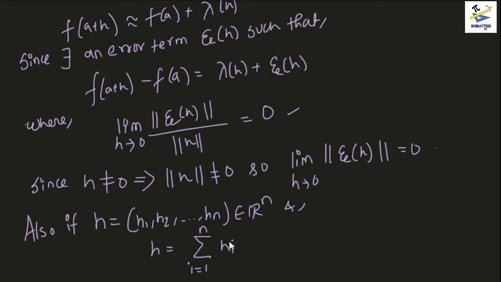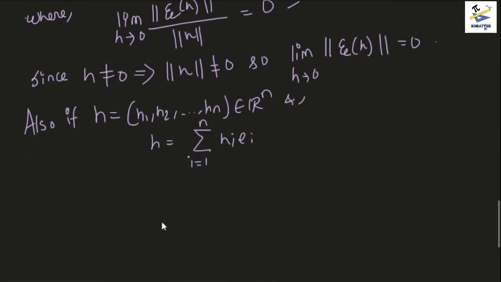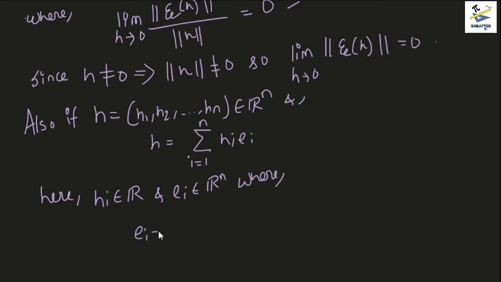h equals the sum from i equals 1 to n of h_i e_i. Here the e_i's are the standard basis of R^n. Firstly, h_i belongs to R and e_i belongs to R^n, where e_i is just 0, 0, 1, with the 1 at the ith place, and 0 and 0.